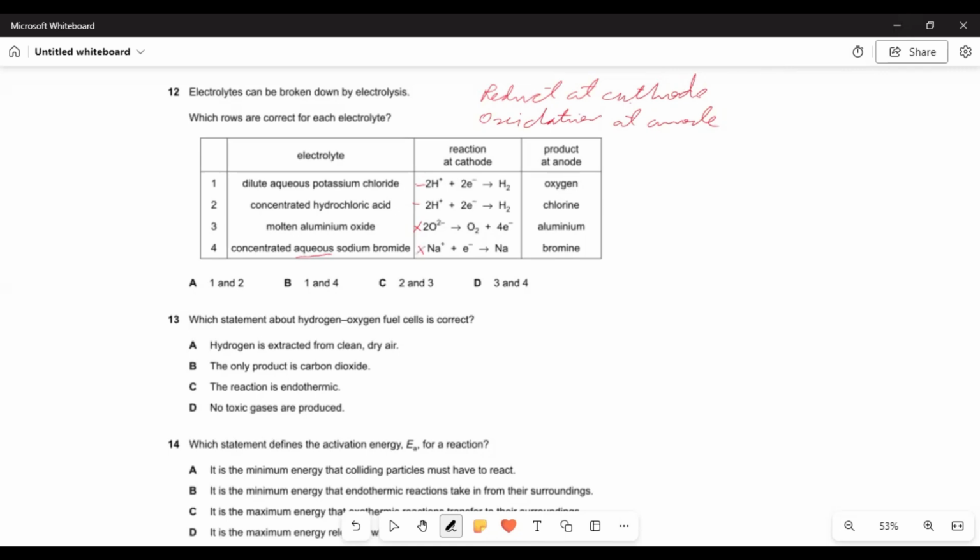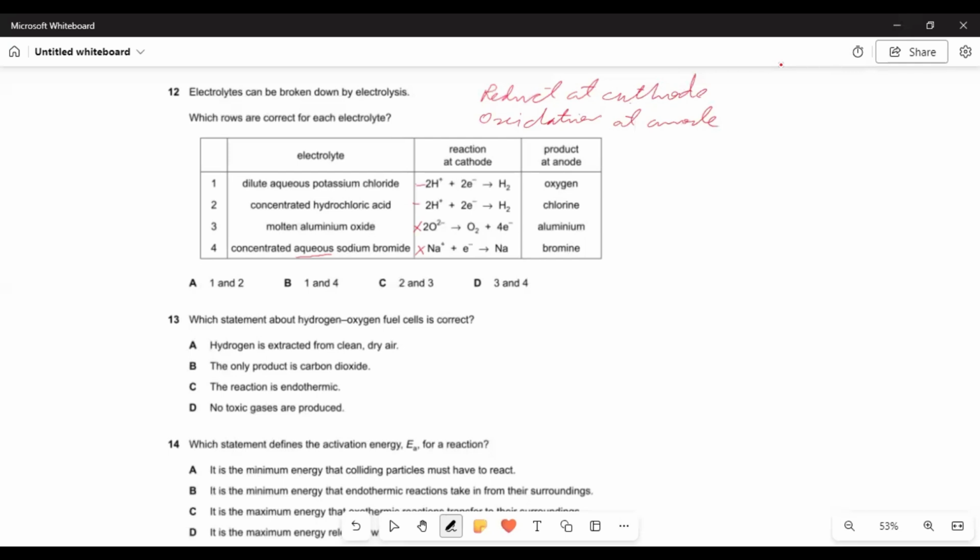So it is not possible. I have not yet looked at the product at the anode. I ignored it because I can identify from only one point, reduction at the cathode, which species cannot be reduced.